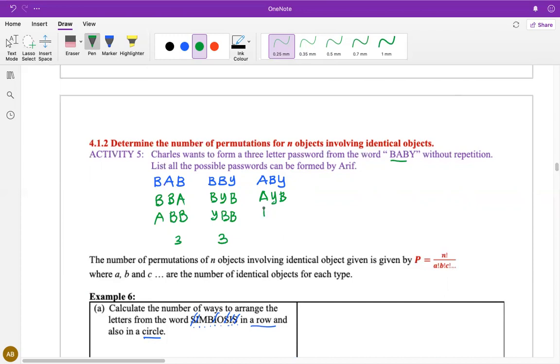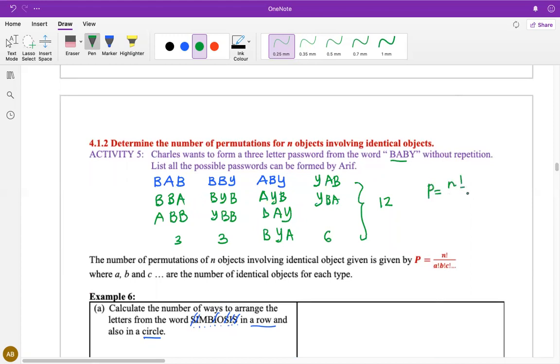So if it's fixed B, then it's BAY and BYA. Then we fix Y, so YAB and YBA. So there are 6 here. So total is 12.